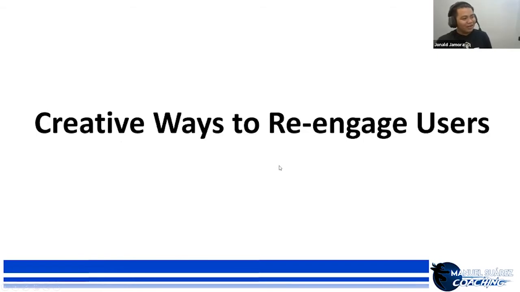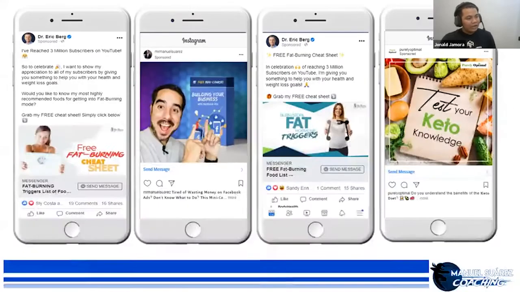Going through our examples, here are some creative ways to re-engage your users. You can also create cheat sheets. Some of these are actually already on Jorge's list. These are some ad examples that you can direct users to go back into your managed account or to go back to your messenger channel. So it can be a cheat sheet or a PDF lead magnet.